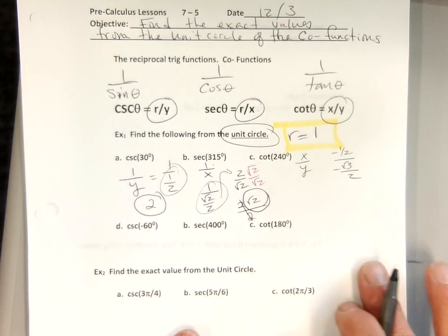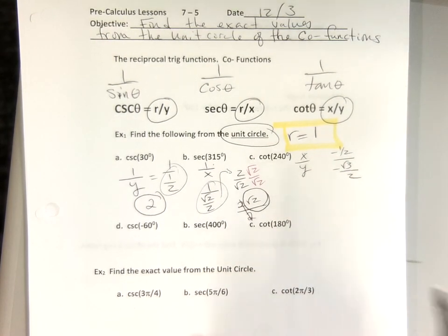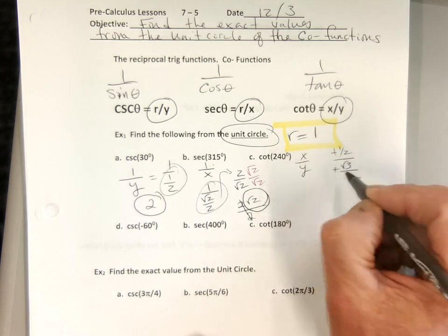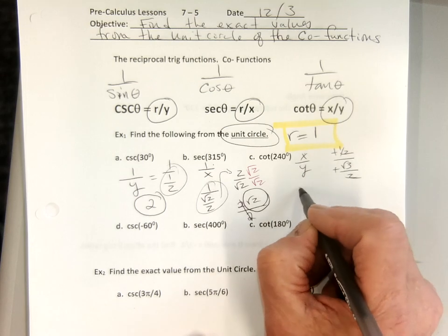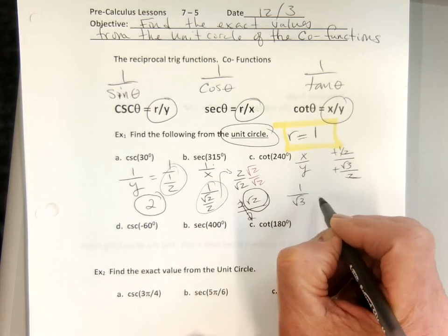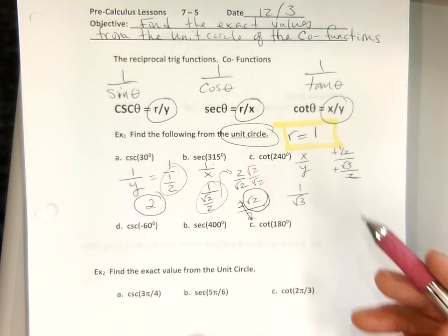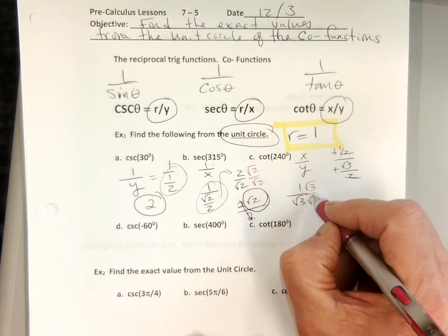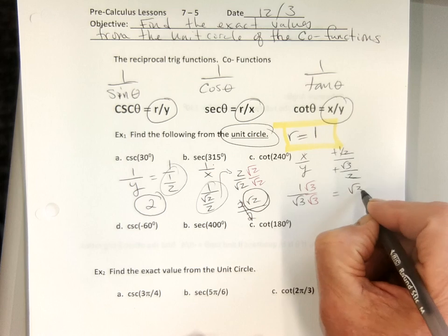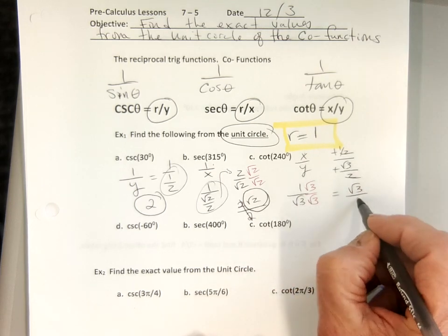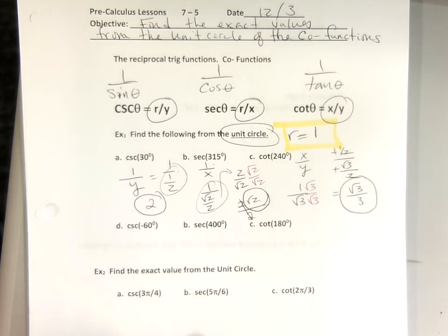And luckily, we kind of did the work on this on the board already, which is going to help. Negatives cancel, the 2's cancel. So I'm left with a 1 over the square root of 3, and when we rationalize that one, we'll get 1 square root of 3 over the square root of 9, which is 3.